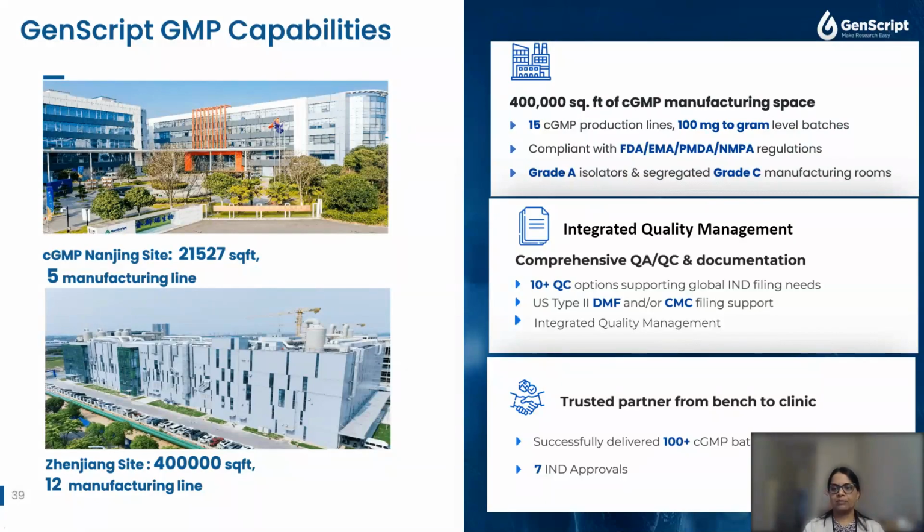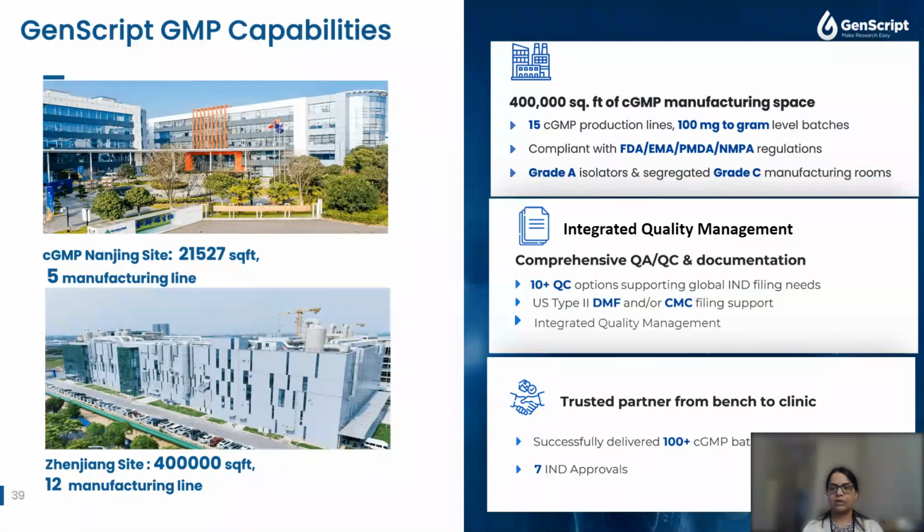So with our GMP capability enhanced, we are able to produce the sgRNA from 100 milligram to the gram scale with capacity of 400 batches per year. And additionally, we can produce the ssDNA and dsDNA at milligram to gram level with capacity of 100 batches per year.